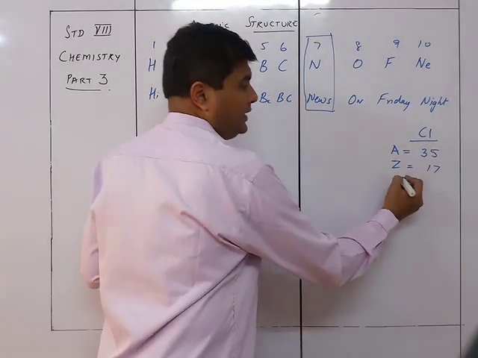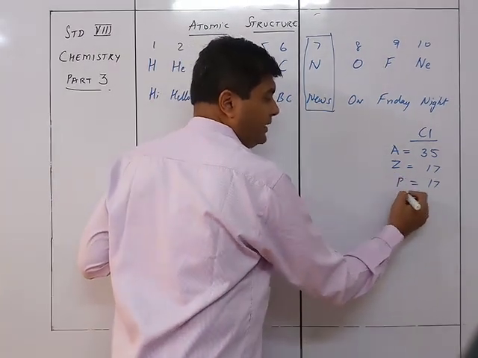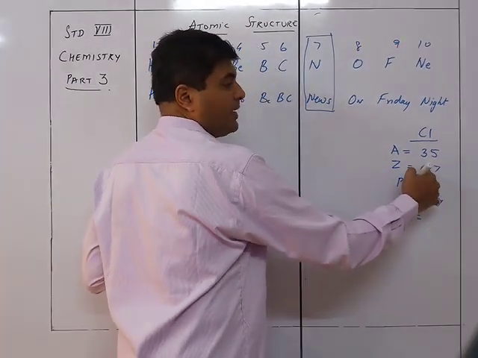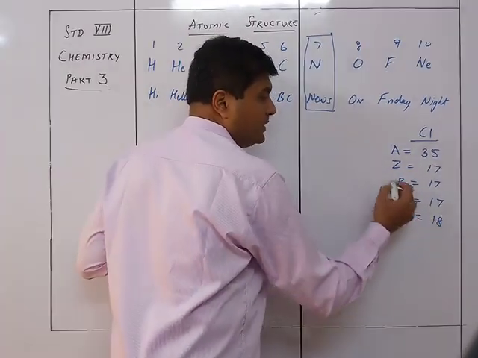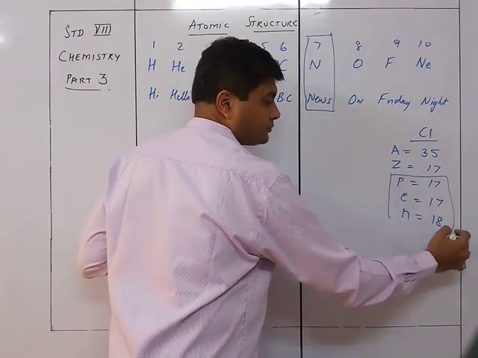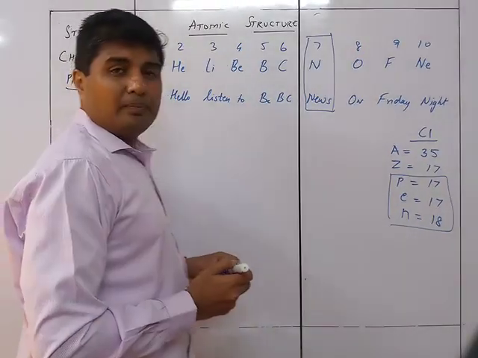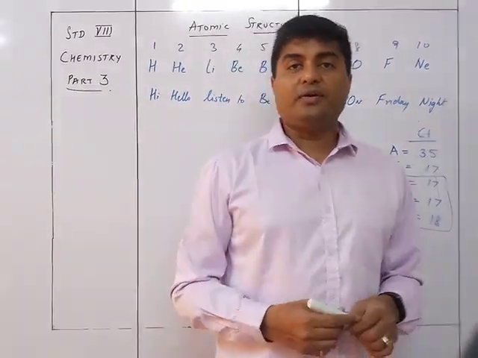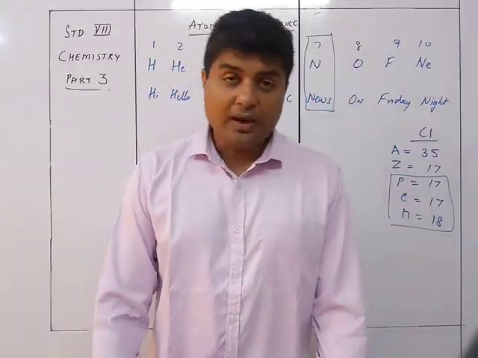So accordingly, the number of protons will be 17 and number of electrons will also be 17. Number of neutrons will be 35 minus 17, which is 18. So this will be the way the particles will be present, that is the protons, electrons and neutrons present in a particular atom.